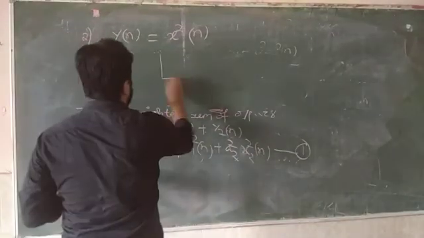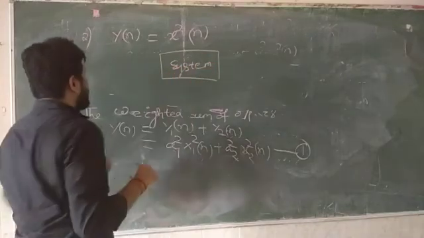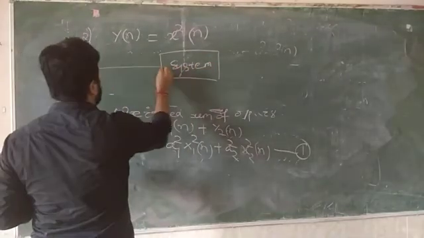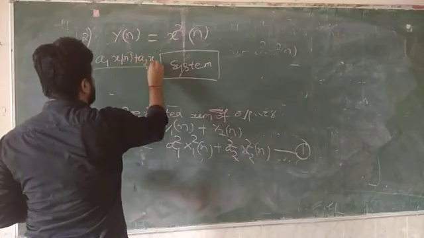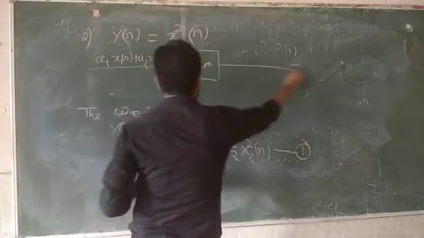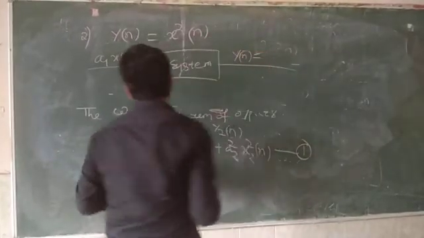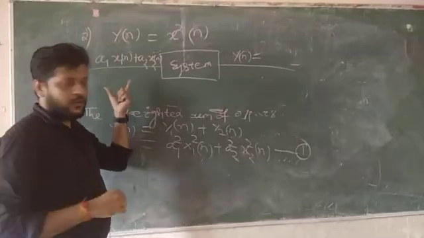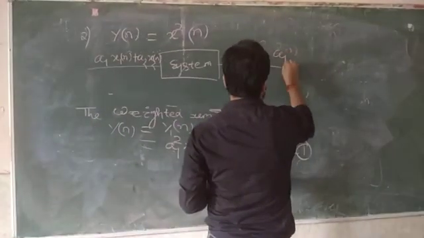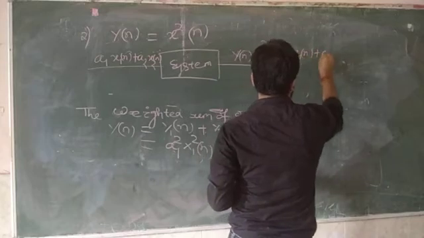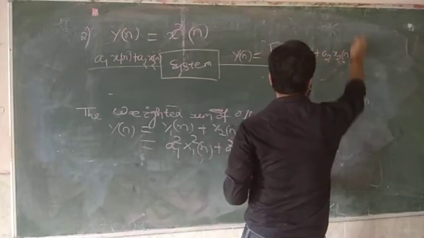So now I am applying to the same system the weighted sum of input, that is a1 x1[n] plus a2 x2[n]. Here we will get y[n] as, obviously it will square this whole, so we will get (a1 x1[n] plus a2 x2[n]) whole square.